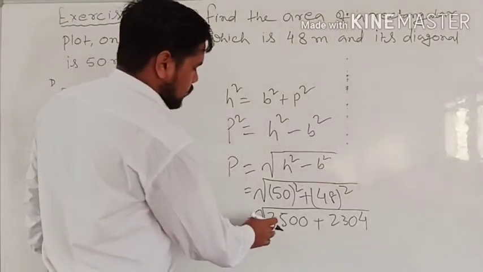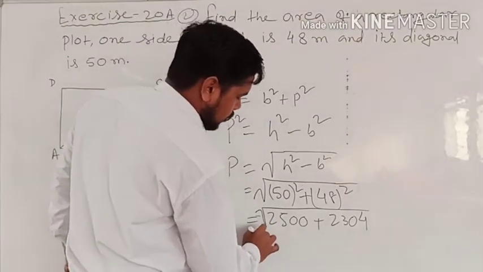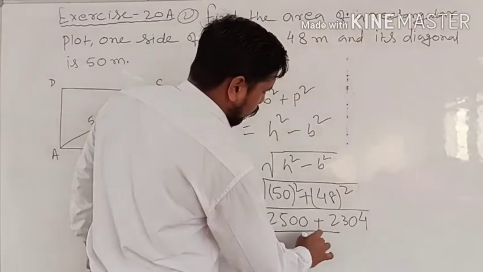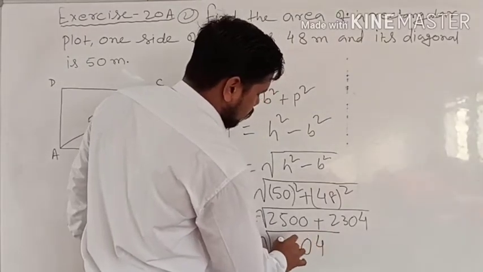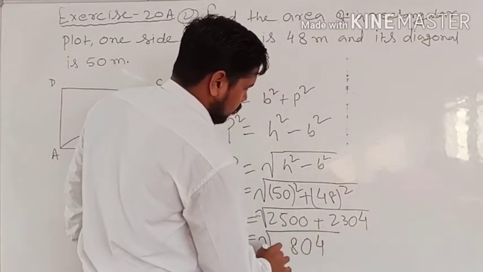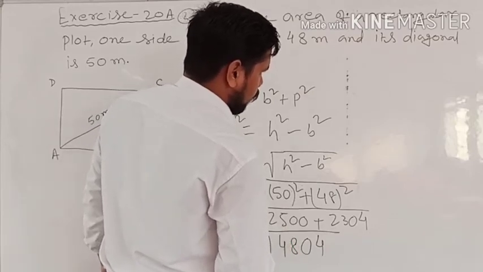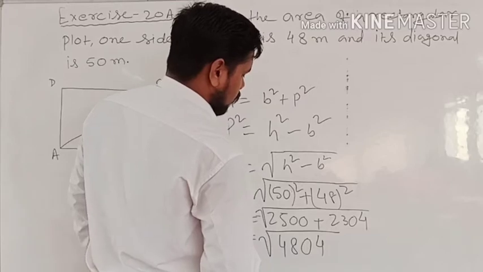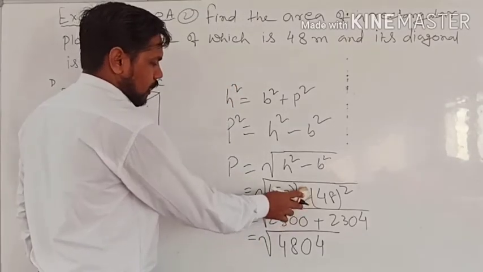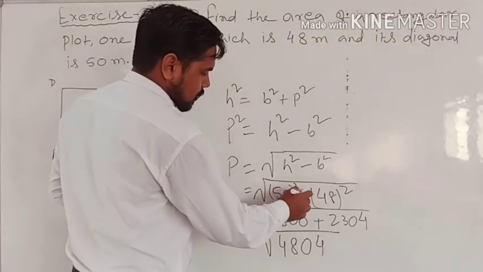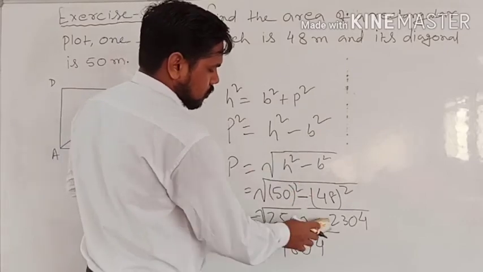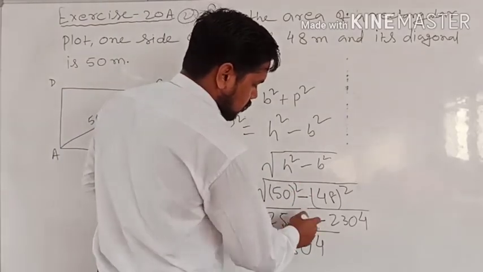So root under this. If you add this, you will find 4804. No, this is not a sum, this is a subtraction, sorry. Here this is subtraction.